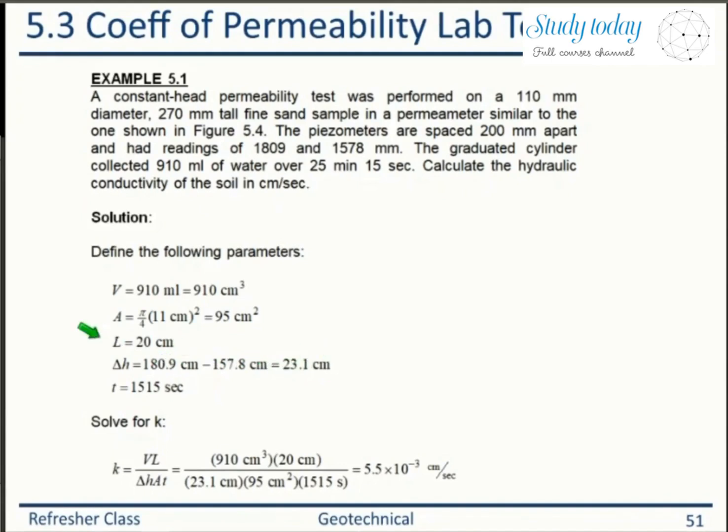Between these readings, L was 20 centimeters. Now convert the time, 25 minutes 15 seconds, to seconds: 25 multiplied by 60 plus 15 gives you 1515 seconds. If you plug these into the equation to calculate the hydraulic conductivity of the coarse grained soil, it could be your sand, right? In that case you will get 5.5 times 10 to the minus 3 centimeter per second.